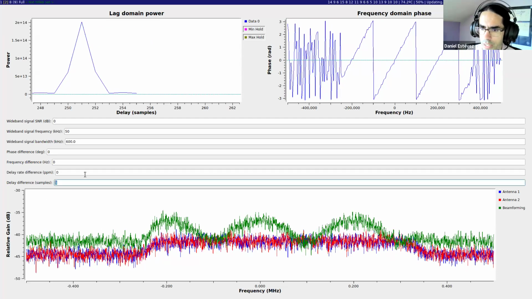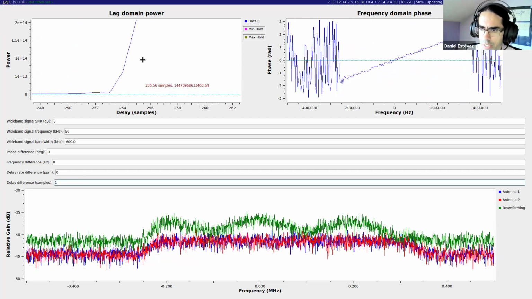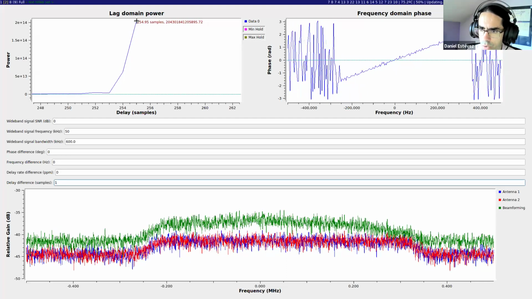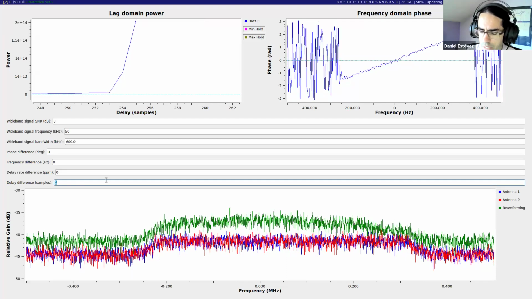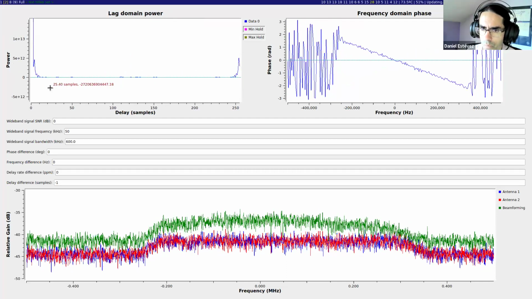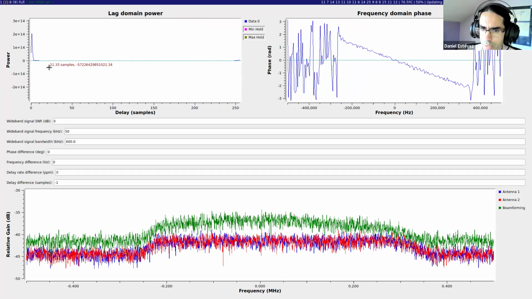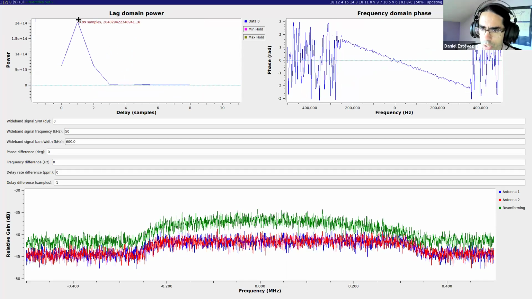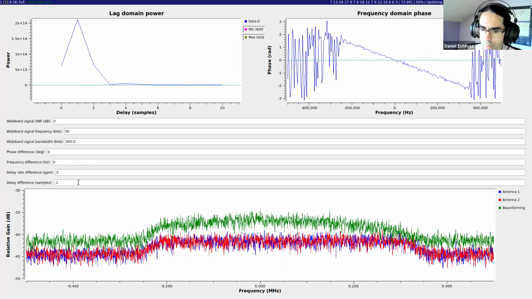So we can see that this is no coincidence. In fact, for example, if I set it to 1, the peak here is on 255. And let me see if I can set minus 1. Yes, I can. So if I set minus 1, then the correlation peak is at 1.